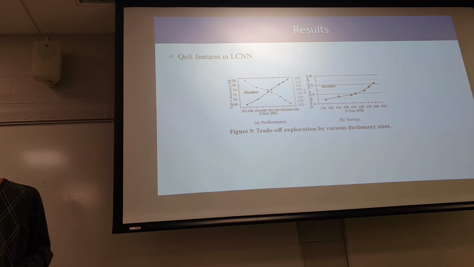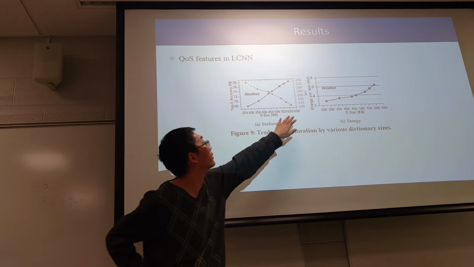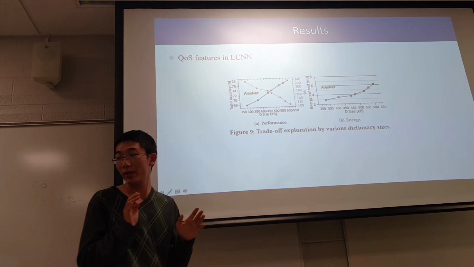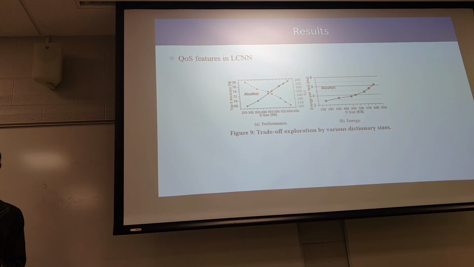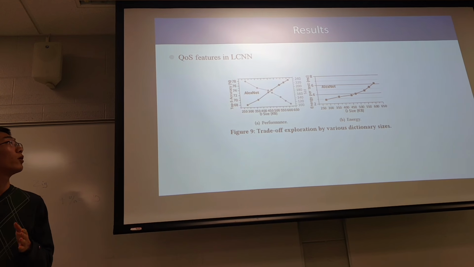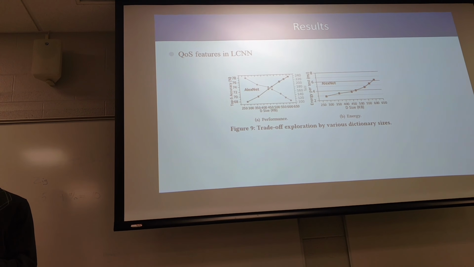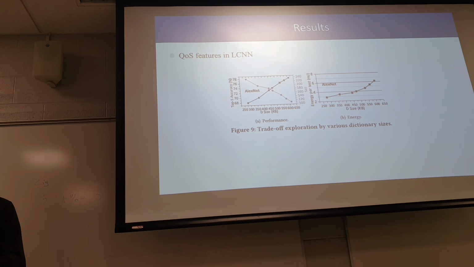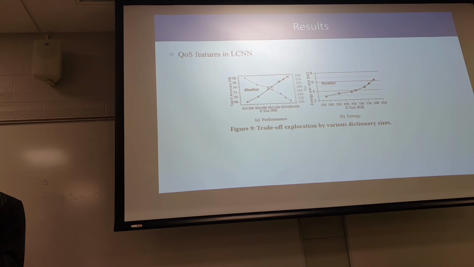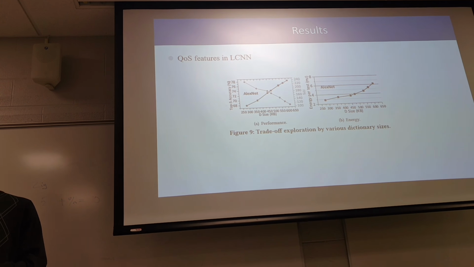And the second line represents the FPS. FPS means frames per second, which represents the performance. If your dictionary size increases, your frames per second will decrease. So you can see the trade-off.